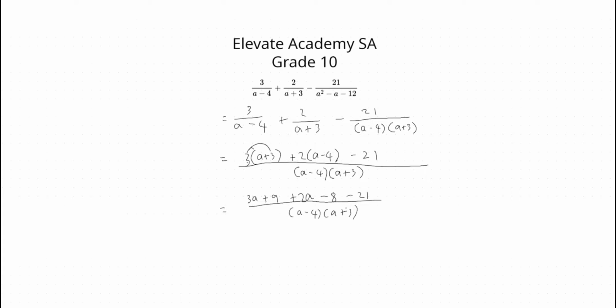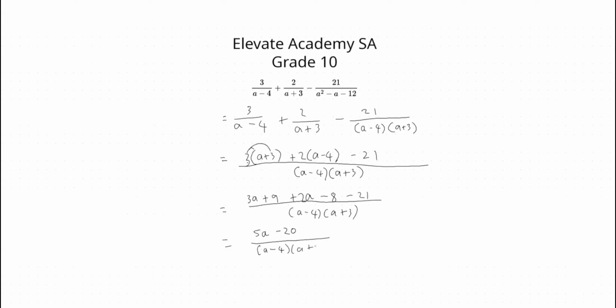And then we simplify the top. We look for our like terms. We have 3a plus 2a, we'll have 5a. And here we have 9 minus 8, which will give us 1. And 1 minus 21, which will be minus 20. And that will be over our common denominator.